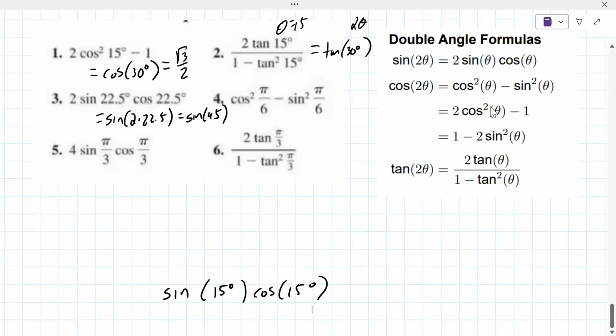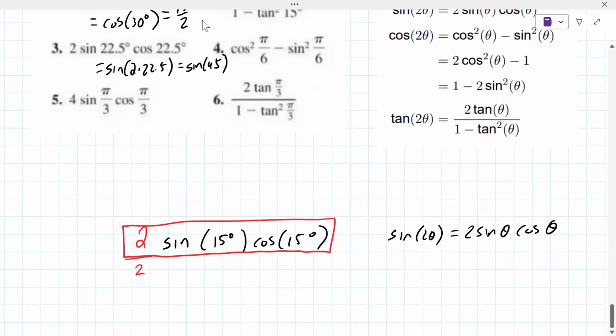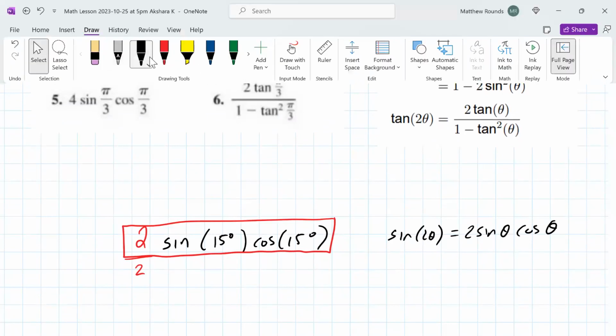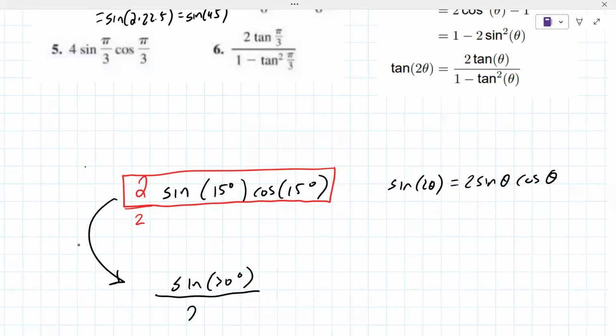What you have to do here, and this is not obvious, is put a 2 there, but also divide by 2, so the top becomes the sine of 30 degrees, and you divide your final answer by 2.